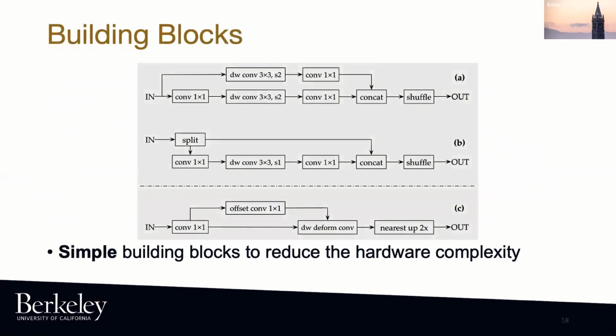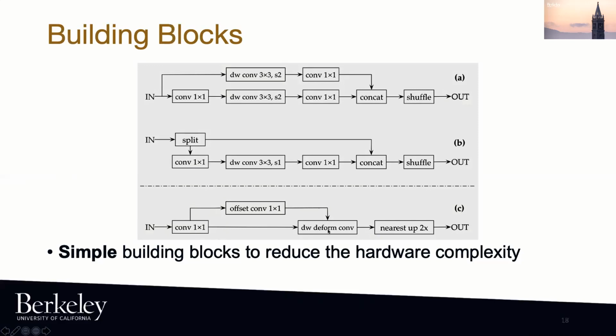To co-design the object detection systems, we first adopt simple building blocks to reduce the hardware complexity. So building blocks A and B are the blocks we adopt from ShuffleNet V2 design. Building block C is the upsampling layer with the deformable convolution. It is used to upsample the backbone features, and in the design, the first one-by-one convolution is designed to map input channels to different output channels.